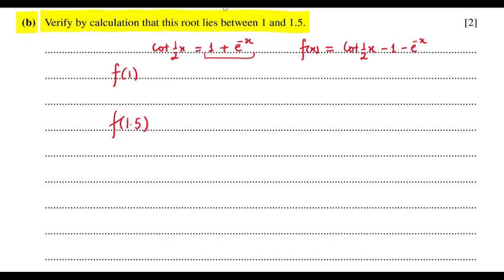So we will substitute these values in the calculator and directly get f of 1 and f of 1.5. Cot x by 2 is not there in the calculator directly, so we can write it as 1 upon tan half x, and the rest of the things would be as such.